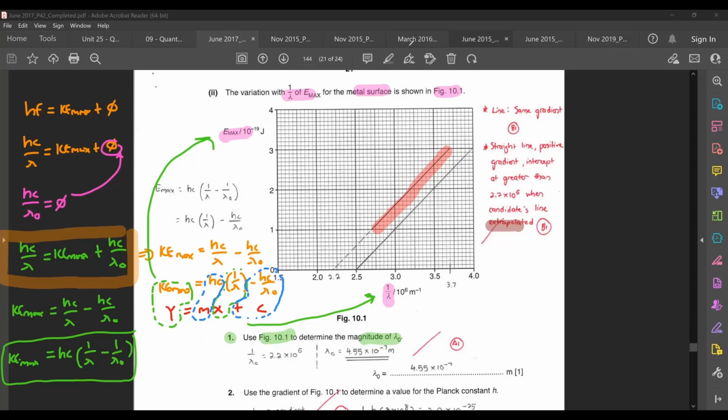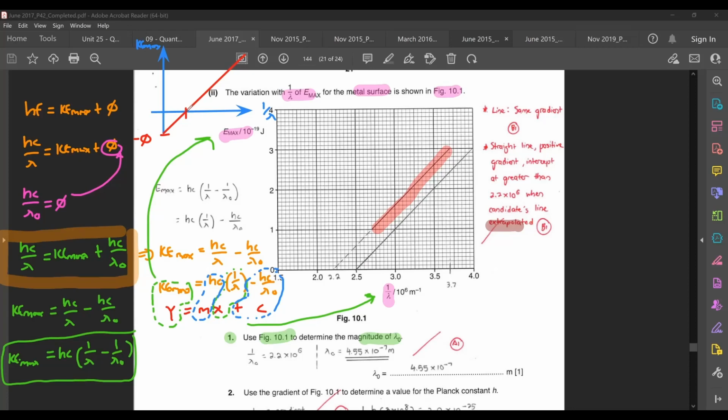If you recall what I also mentioned to you that time, if you try to draw a graph of KE max versus 1 over lambda, you're supposed to get a straight line graph with y-intercept. This part here is your negative phi, negative work function.